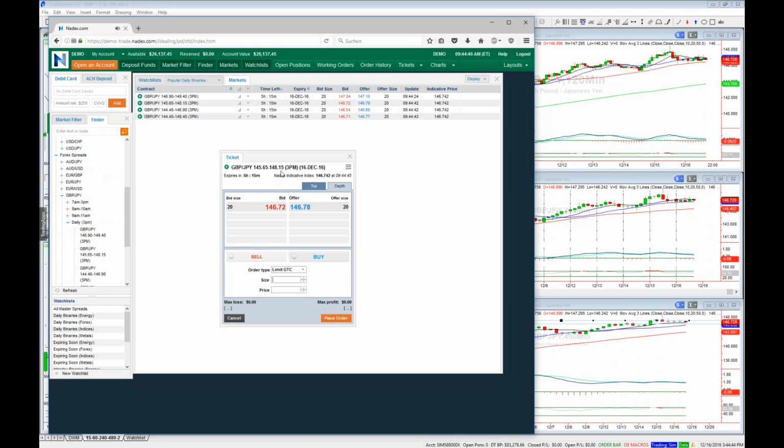And within this range, price participates pretty much one-to-one with what the underlying market, in this case British pound, Japanese yen, is doing.